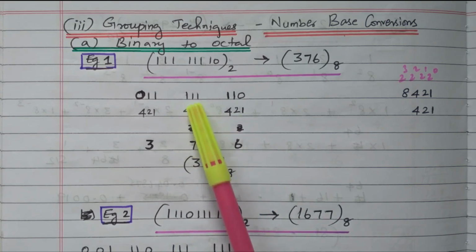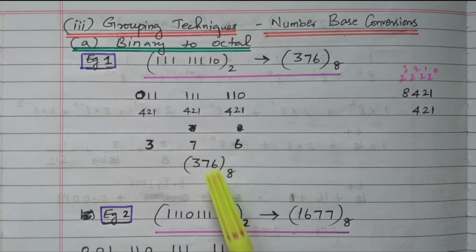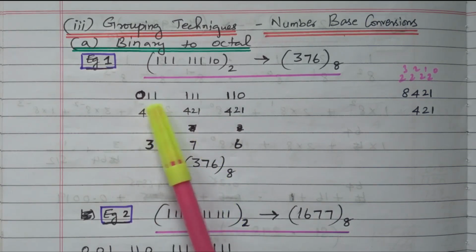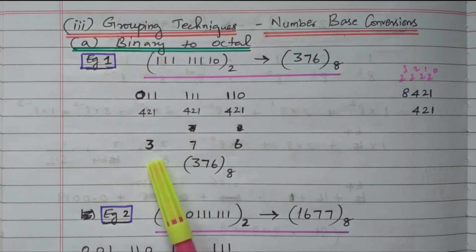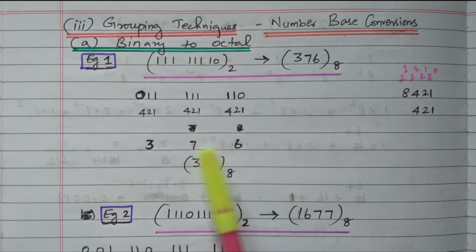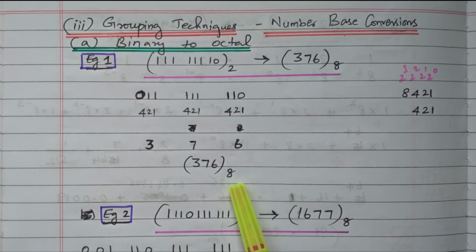Here all three digits are available, so 4 plus 2 plus 1, 7. Here the first digit is 0, so 2 plus 1, 3. Now write this. This is the octal equivalent, 376 base 8. So the equivalent octal number of the given binary number is 376.